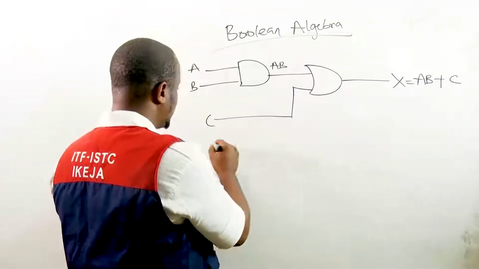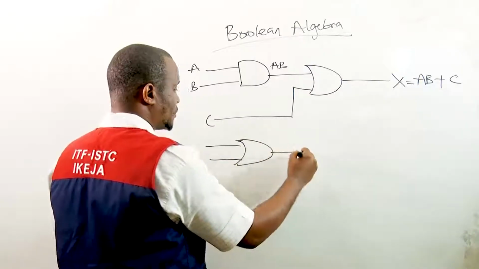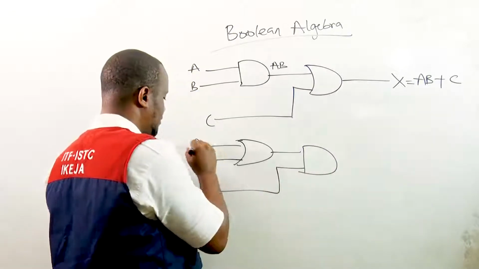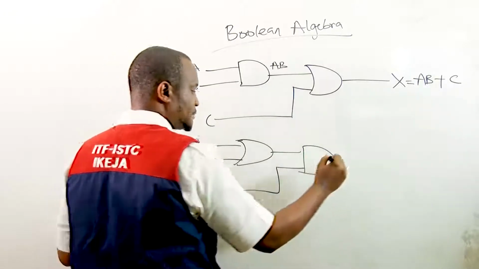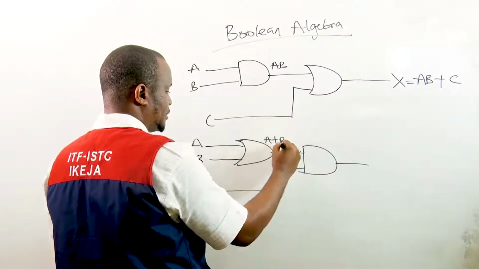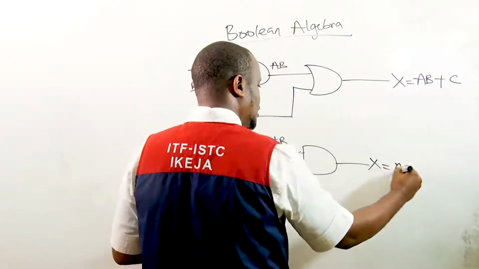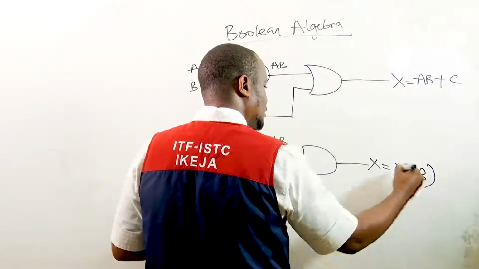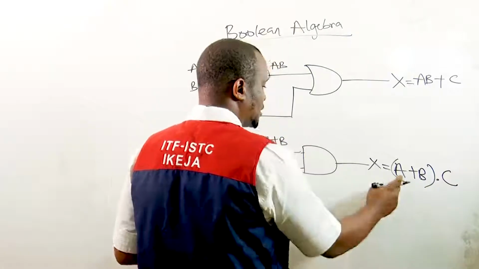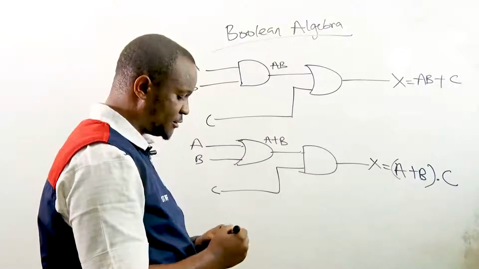And we can also have it in the reverse form. We could have the OR gate, and then we have the AND gate. So you have A, B, and C, and then we have A or B. So the value at X output will be (A or B) and C. So this is the value.